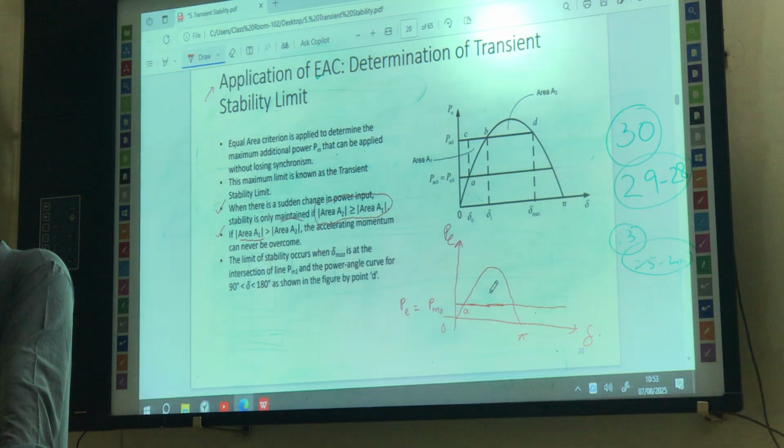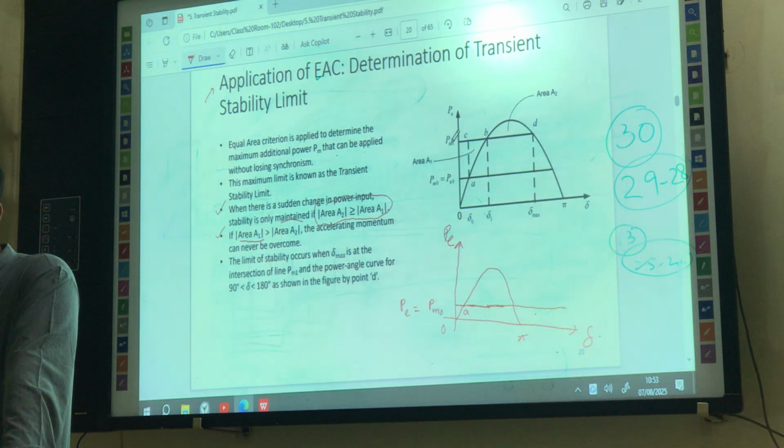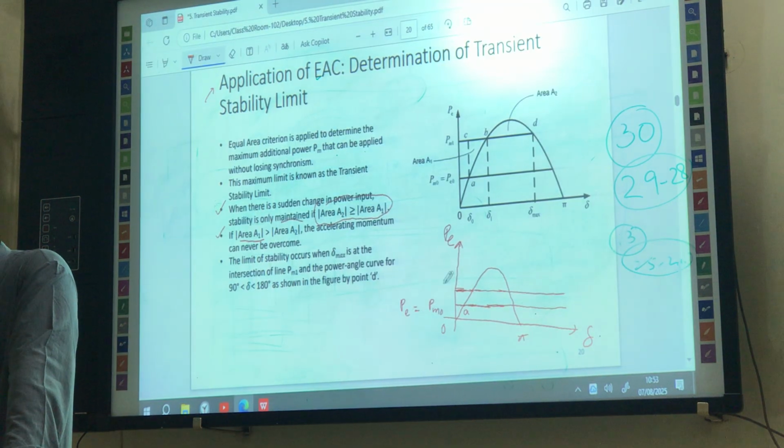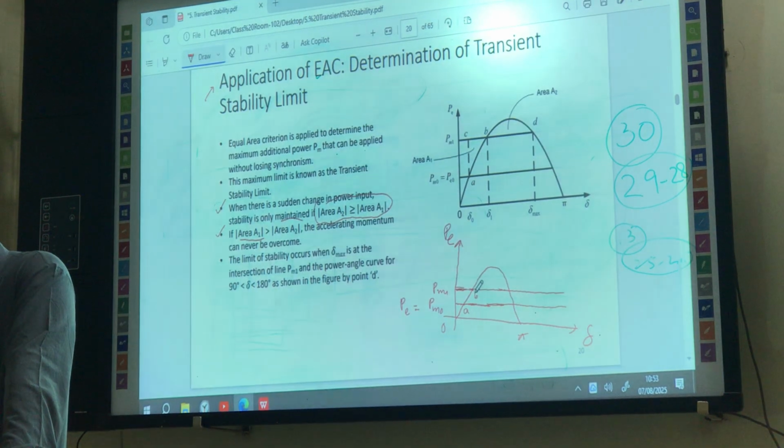Then there was a sudden increase of this input power PM. That's why let's say the new PM is here. This is PM1, right? So this point will be P, right?